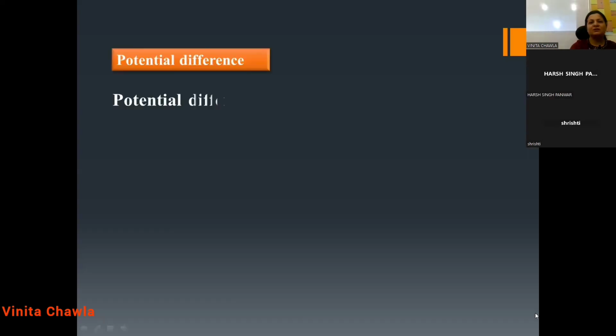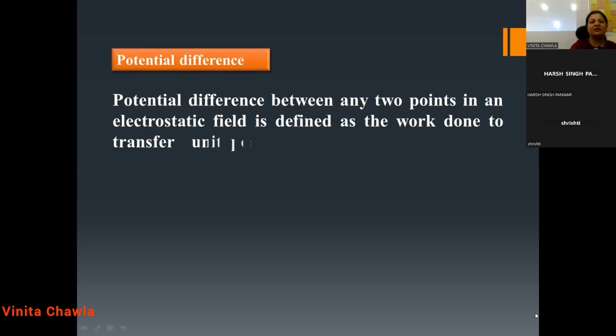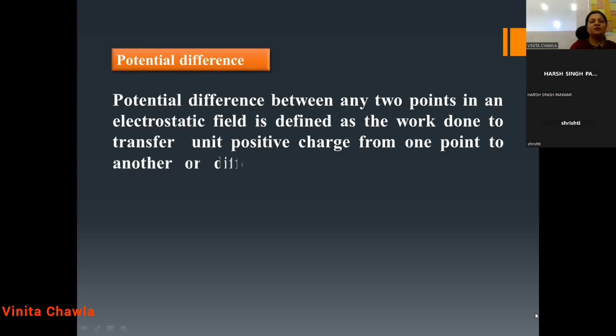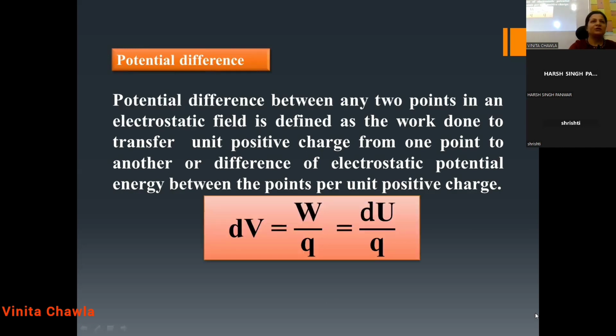So potential difference between any 2 points in an electrostatic field is defined as the work done to transfer a unit positive charge from one point to another, or the difference of electrostatic potential energy between the points per unit positive charge. So this is how we write potential difference. Okay, V2 minus V1 or VB minus VA we had written now. So it's W by Q, or change in electrostatic potential energy by Q. Please write the formula and then we'll move to the next question.